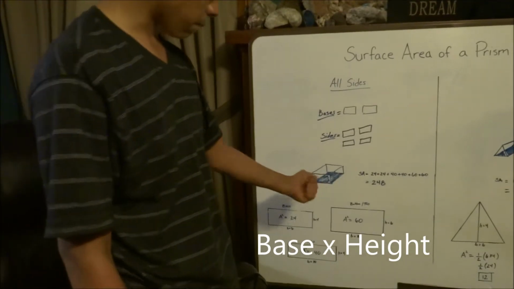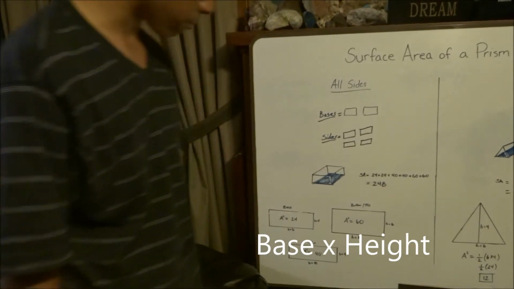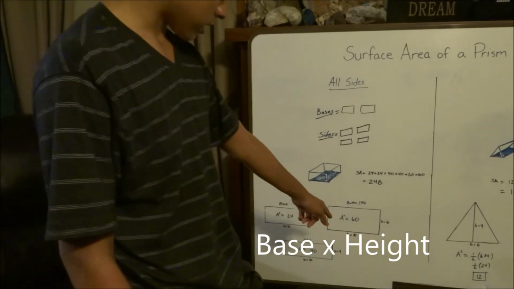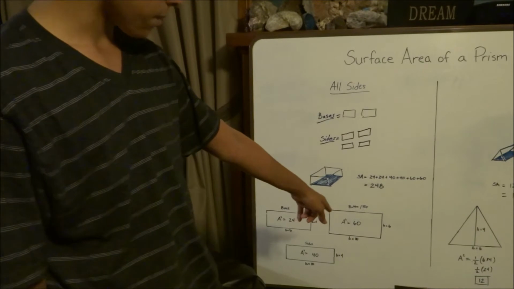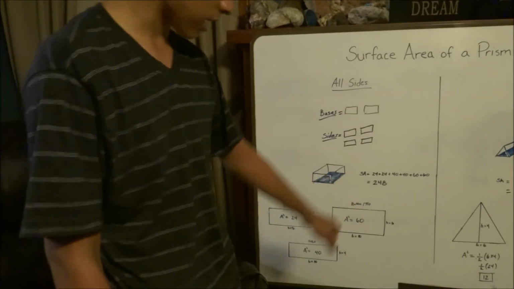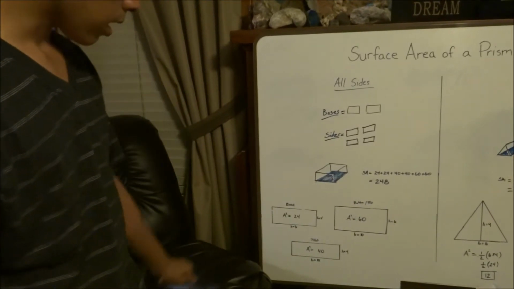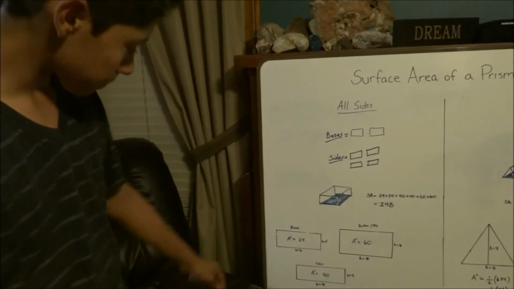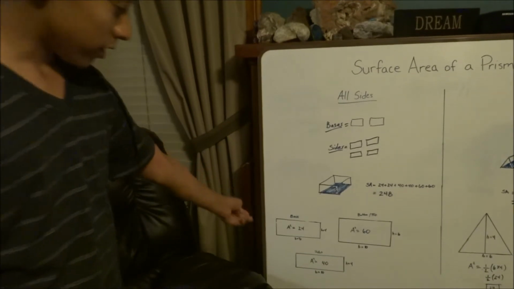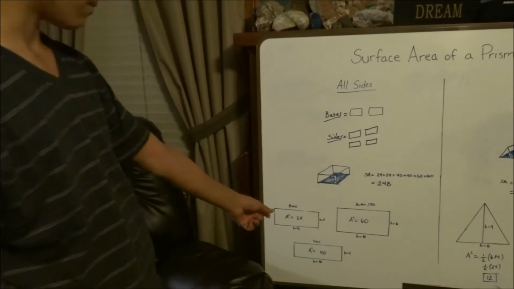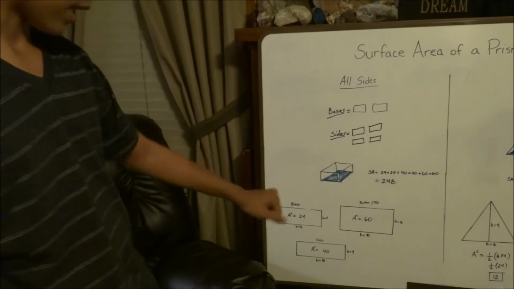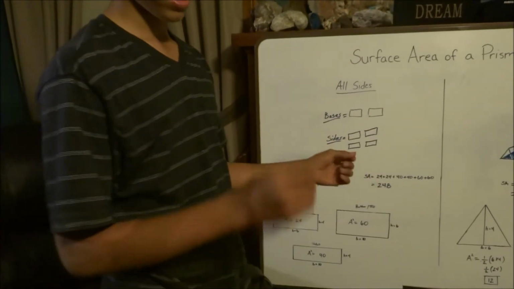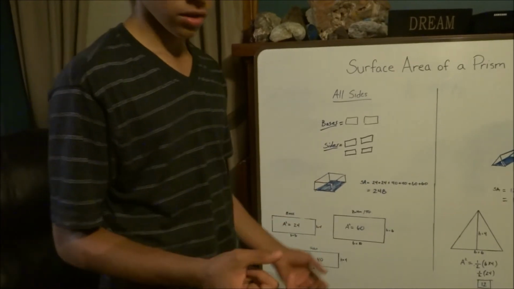Next is the bottom and top of the prism. Same formula, so it's 10 as the base times the height of 6, which is 60. Last is the sides of the prism, using the same formula. So the base is 10 and the height is 4, which equals 40. And you multiply all of those by 2 because there are 2 of each.